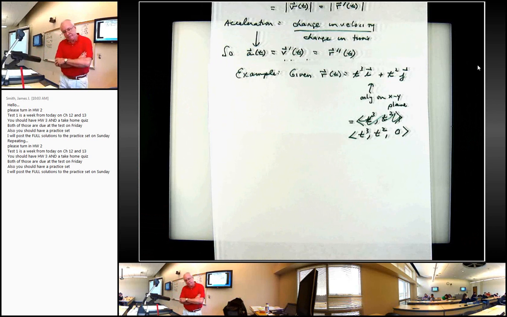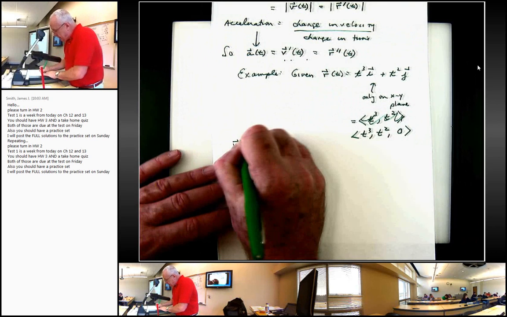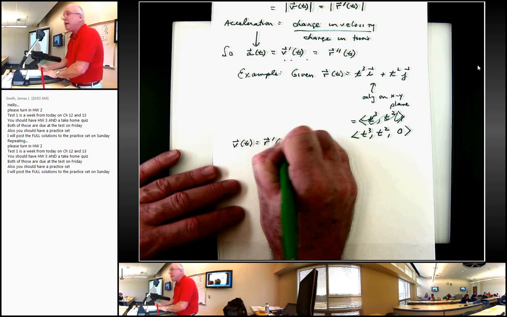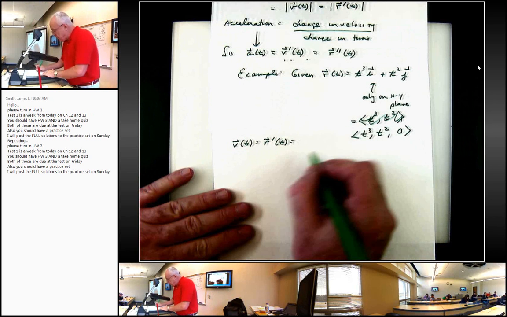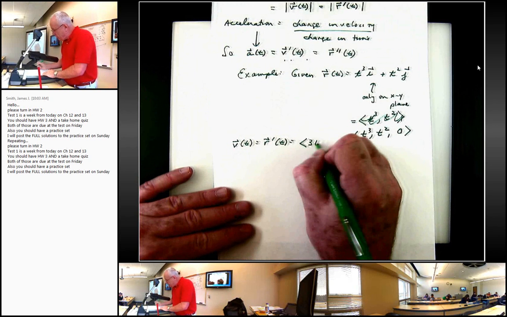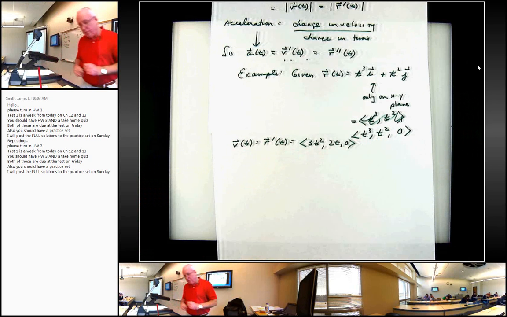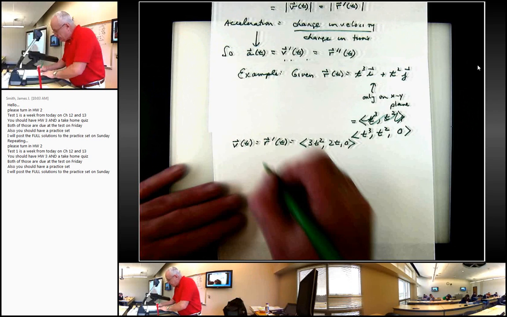Okay. So the velocity then is the derivative of the position vector. So to find the velocity, we just do the derivative. So the velocity is 3t squared, 2t, and we're going to have 0 there for the third component. So this is the velocity vector.